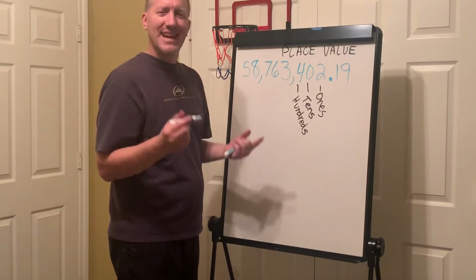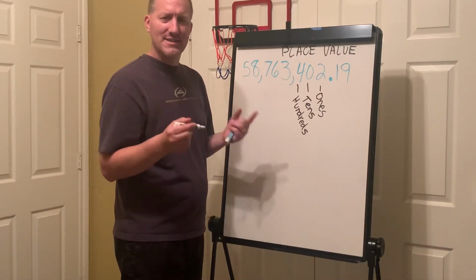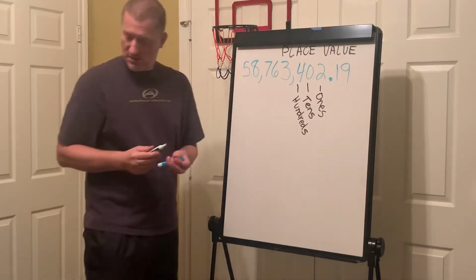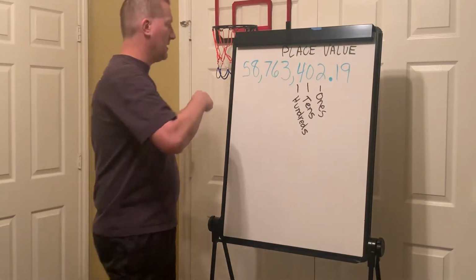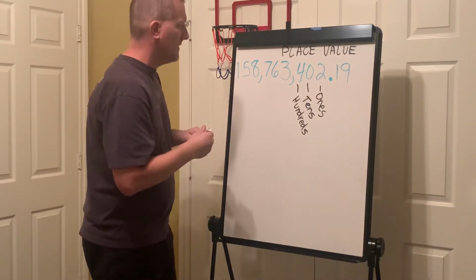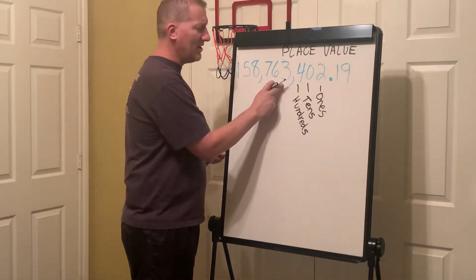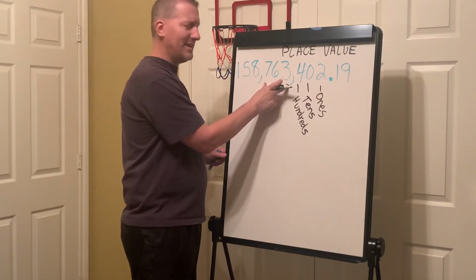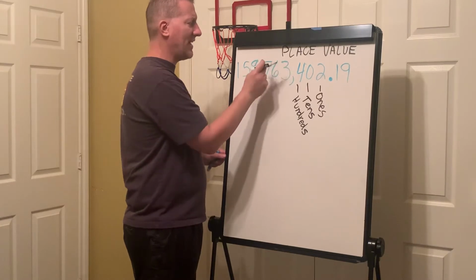Now, the same pattern goes for the next set of numbers. Let me add one more digit there. Then here it just changes. This number period right here is now the thousands.